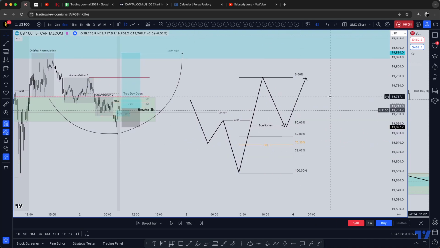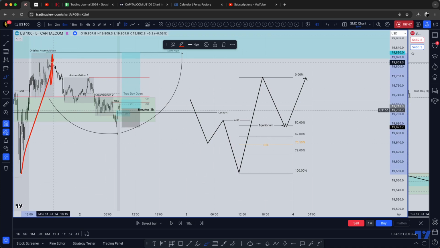So right here, when it comes to the market maker model, in this pullback, guys, this may look like this probably in a higher time frame, but when you go lower time frame, you're going to find, out of this impulse, little accumulation things. Sometimes it's going to accumulate like that. So this is supposed to be the sell side of the curve.